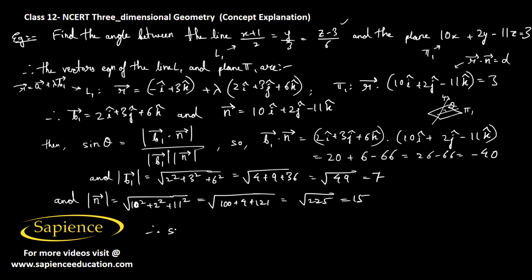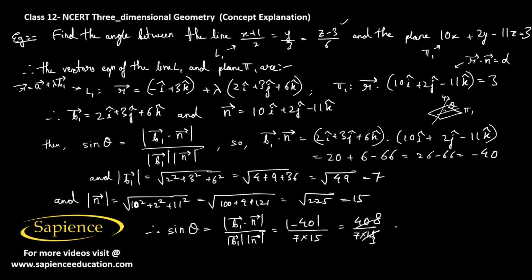So now sine theta, where theta is the angle in between the line and the plane, will be equal to the magnitude of b1 dot n vector divided by magnitude of b1 into magnitude of n vector. That would be the mod of minus 40 divided by 7 into 15, so that would be 40 by 7 into 15. 5 3s are 15, 5 8s are 40.